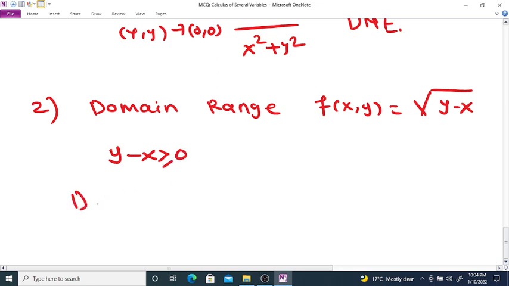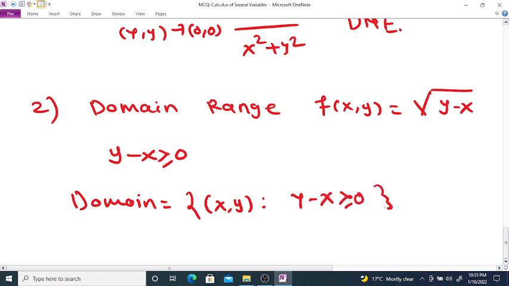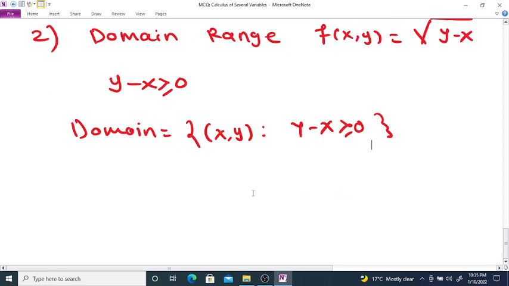So here the domain is equal to the collection of all (x,y) such that y minus x is greater than or equal to 0, or in other words, the collection of all (x,y) such that y is greater than or equal to x.